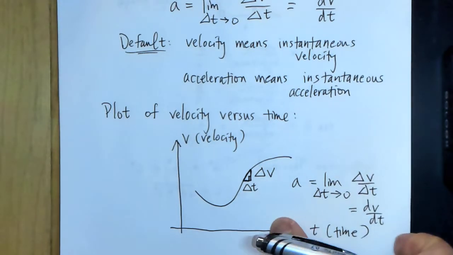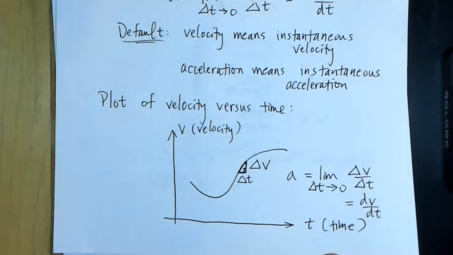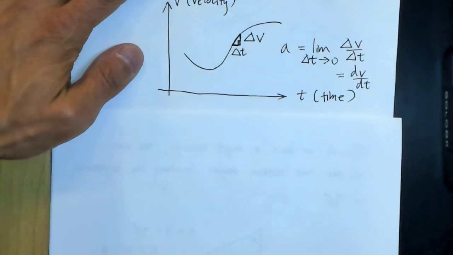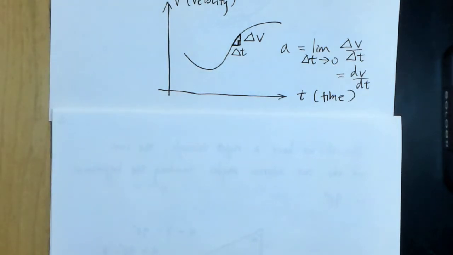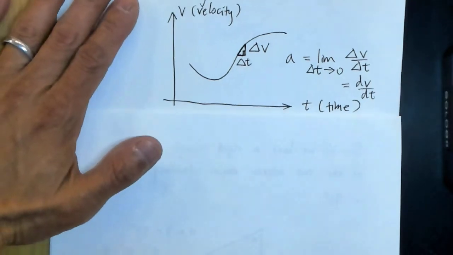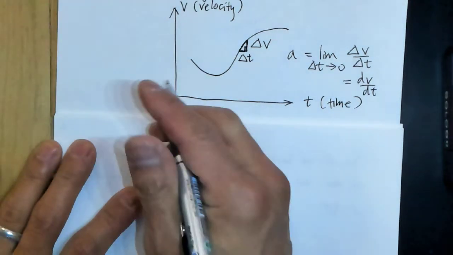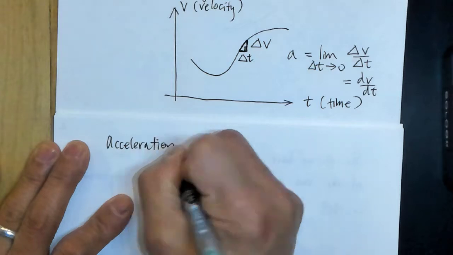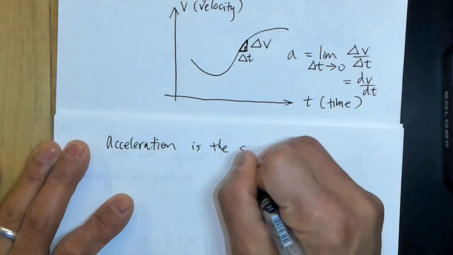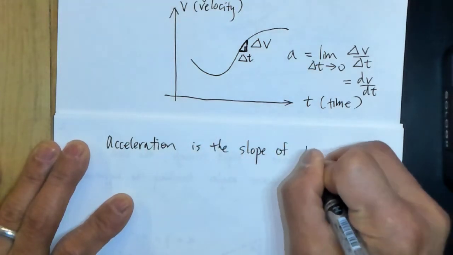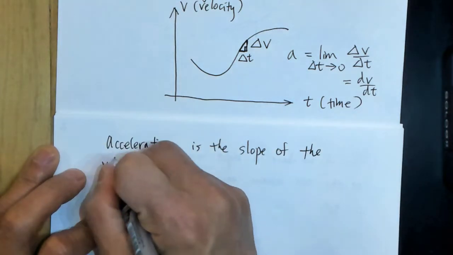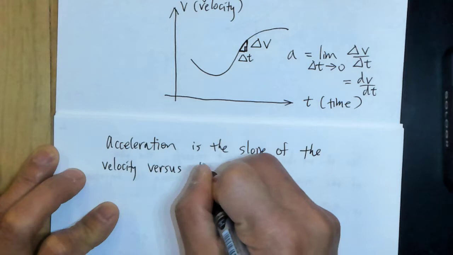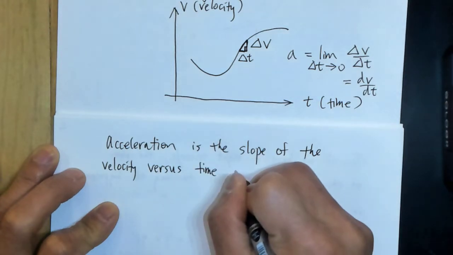And so we have that the instantaneous acceleration, for short, acceleration, is the slope of the velocity versus time curve.